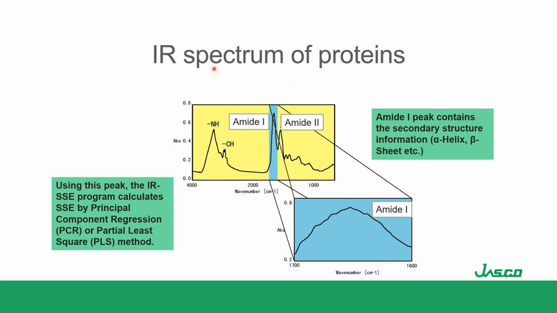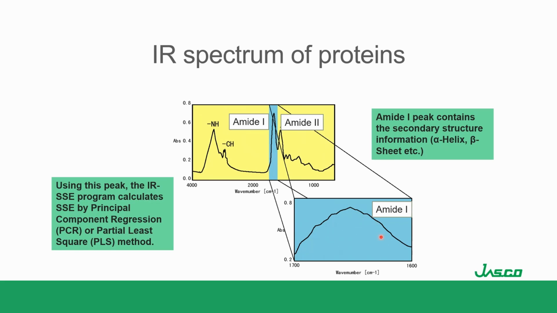So this is the IR spectrum of proteins. This is a standard IR spectrum. In the y-axis, we have absorbance. In the x-axis, we have wave numbers. For those that are not familiar with the IR technique, I invite you, as John mentioned, to come to our website and watch different webinars about the theory and instrumentation of IR. But for this webinar, what we use to study the proteins is the amide 1, and this amide 1 is the peak that goes from 1700 to 1600, and this is a carbon double bond O peak.